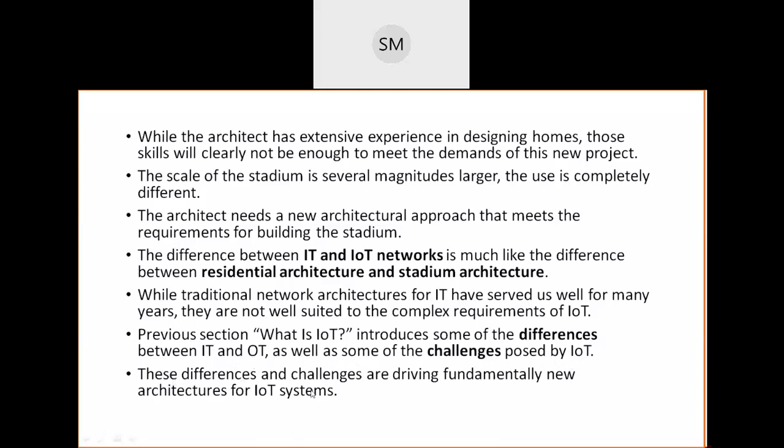These differences and challenges that we have studied are driving fundamentally new architectures for IoT systems. They are making IoT network systems go up one level after another.